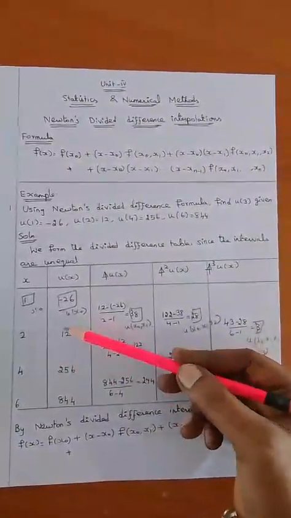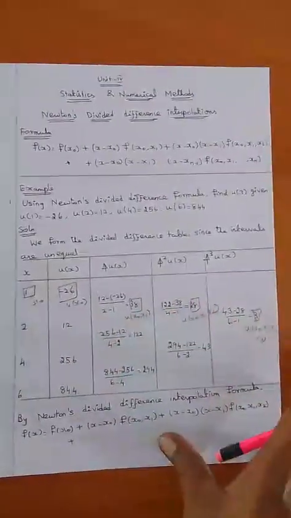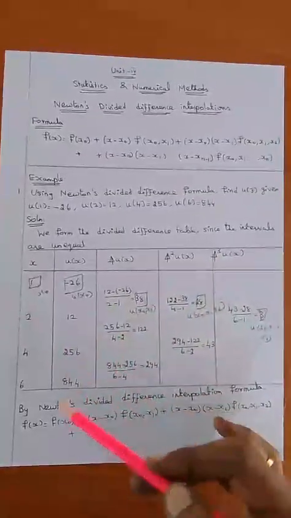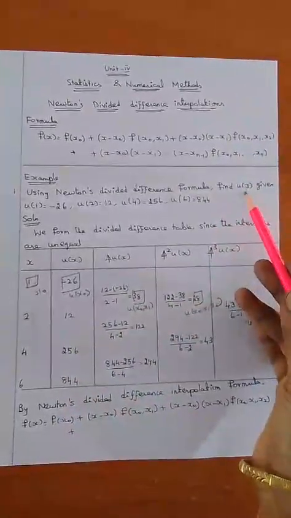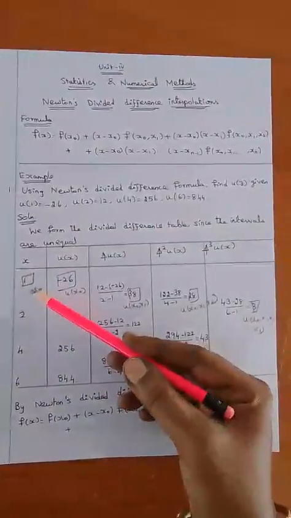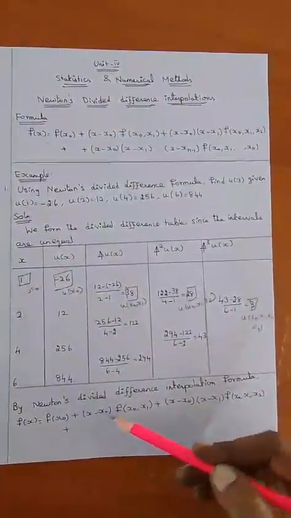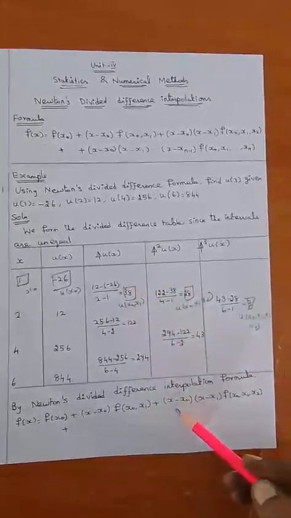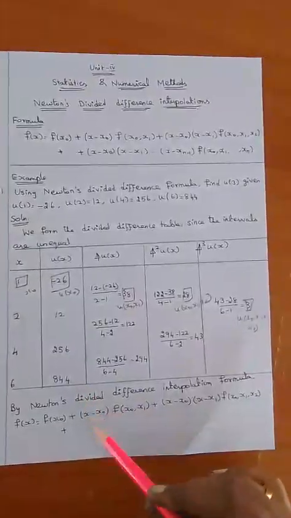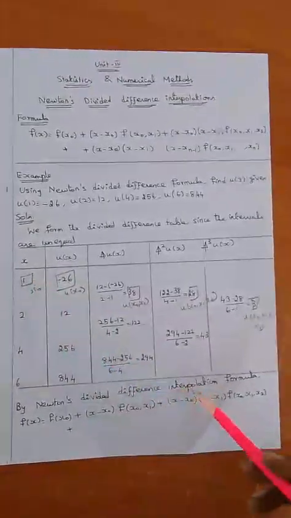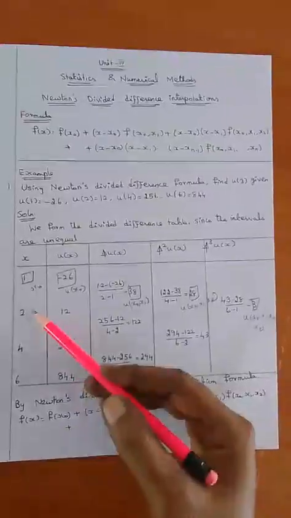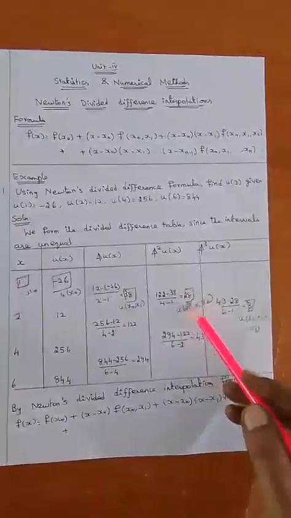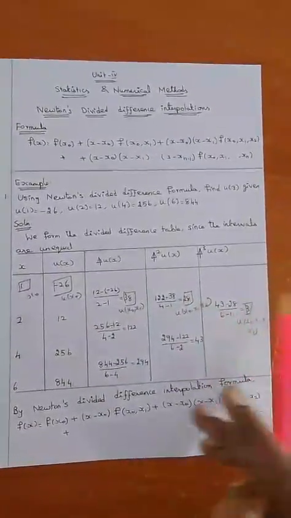Now substitute the values: u of x naught is the first term, then x minus x naught, where for x we substitute 3 and for x naught we substitute 1, and then f of x naught x1, that is 38, and then 3 minus 1 and 3 minus x1, that is 2. And then f of x naught x1 x2, that is 28. Similarly the next term also.